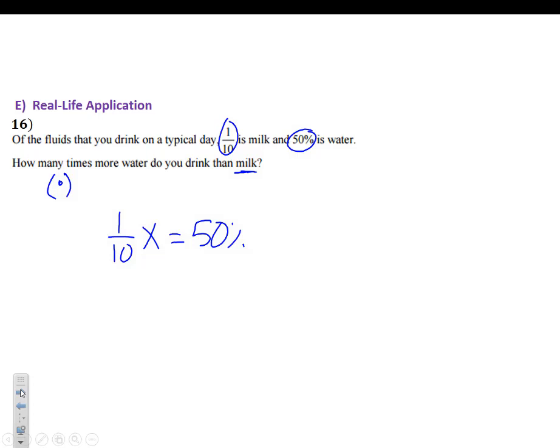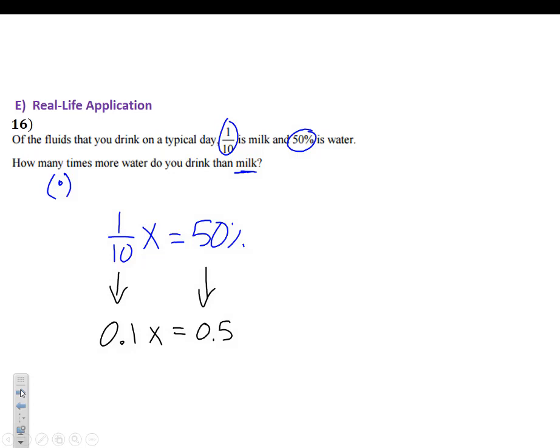We always change our percents to decimals. So the easiest thing to do would be to change both of them to decimals. 1/10 is 0.1. If you can say the fraction, you can say the decimal. 1/10, that's 0.1, times some number, and 50% as a decimal would be 0.5, moving that decimal 2 places to the left by dividing by 100.